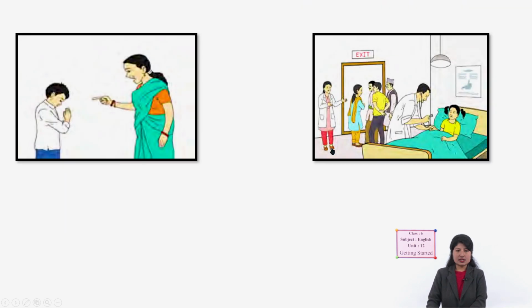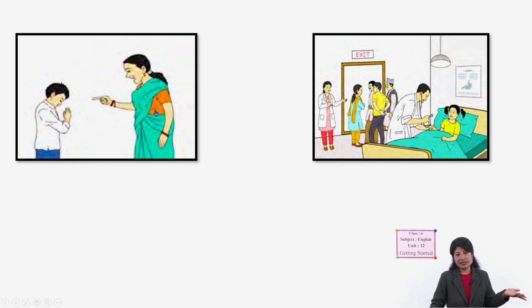Another picture. Let's go to another picture. In this one, the boy is joining hands and saying something, and we can see a woman. What is she doing? She's also reminding him of something, pointing her finger. So he must have done something wrong, right?